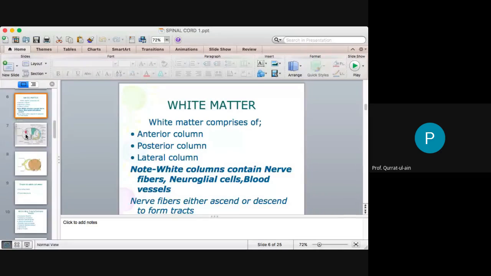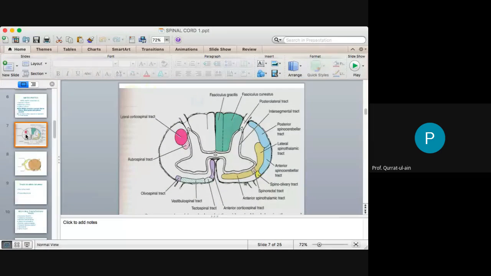Now, this is the section of the spinal cord, which I hope you have memorized by this time. The ascending tracts have been labeled on one side and the descending tracts on the other, although they are present on both sides. But the section is generally drawn like this so that they are not mixed, and it is easy to memorize.